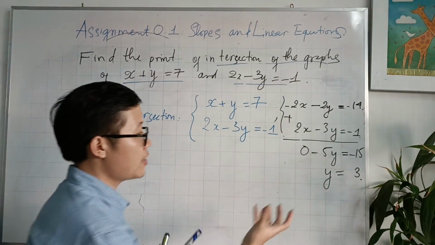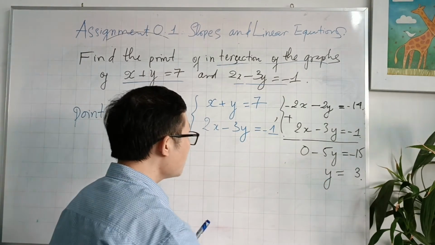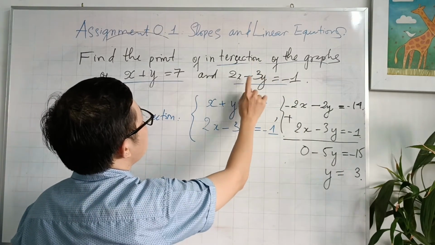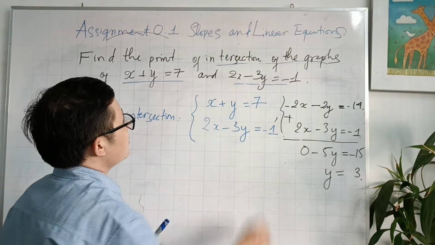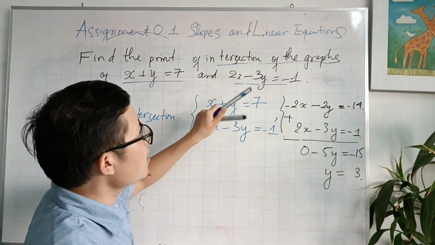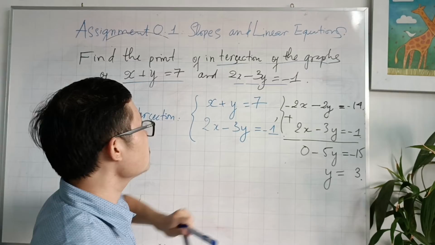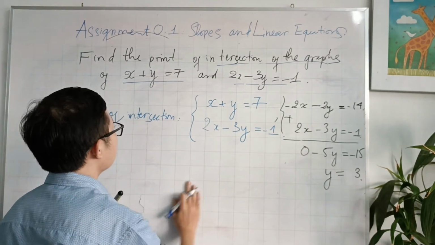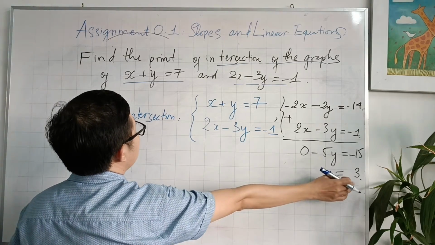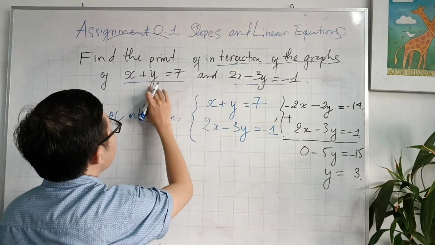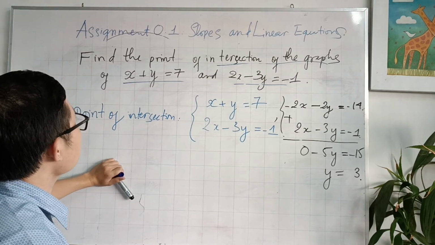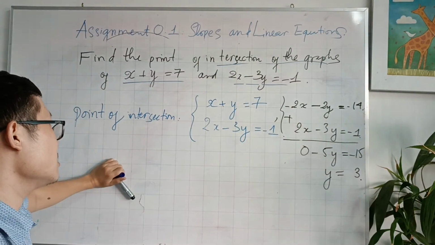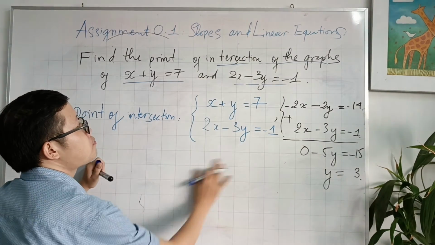When you have the y coordinate, you substitute y equals 3 into the first or the second linear equation. Maybe I substitute 3 for y in the first equation because it is easier than the second one.